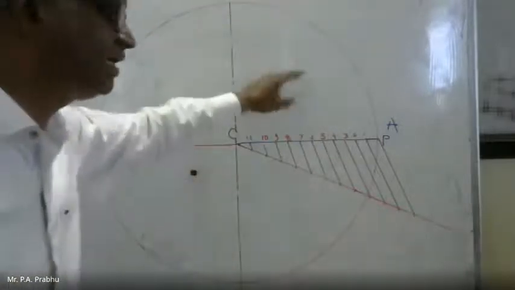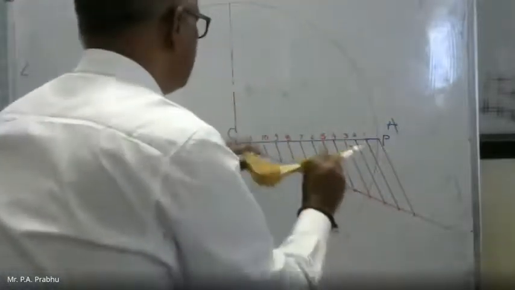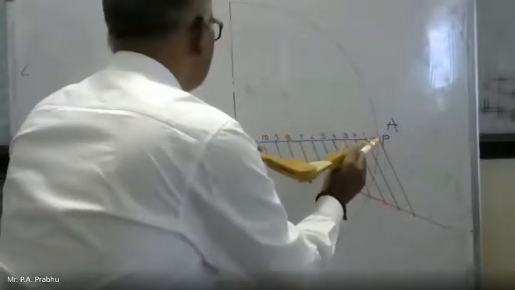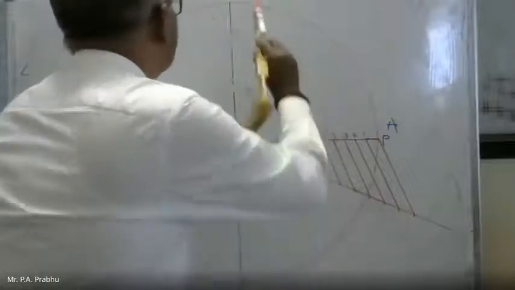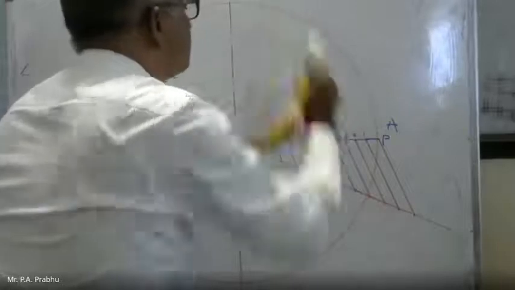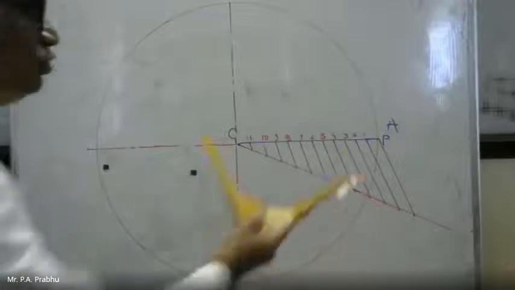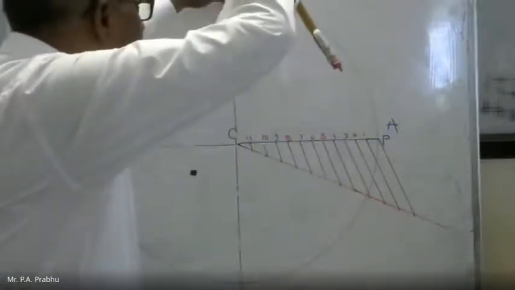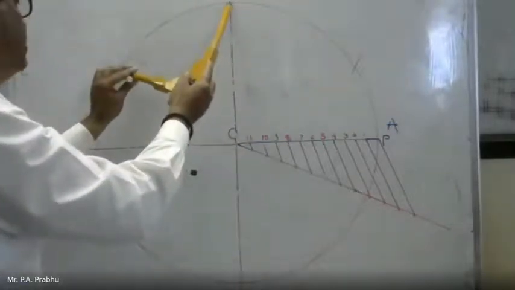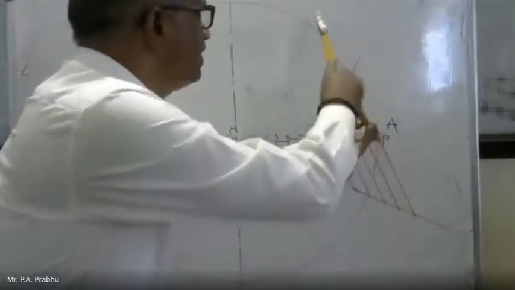Now divide this circle also into 12 parts using our graphical method. How to divide into 12 parts? Take the same radius, take this point as the center, and draw this curve on both sides of the center line, taking the end of your center line.